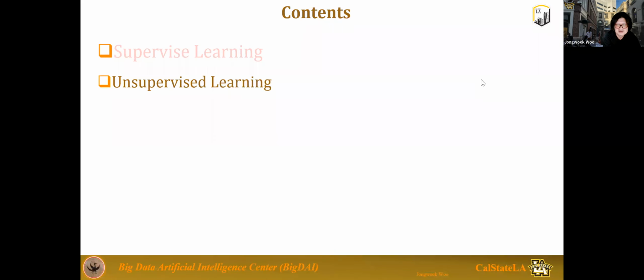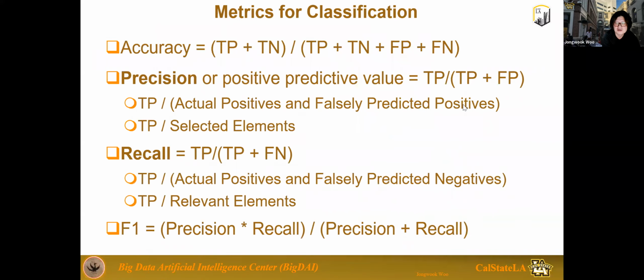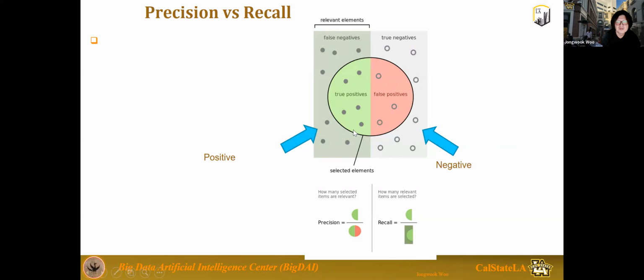It means that in your entire data set with the predicted and actual values using the model that you built, there are actual positive values and actual negative values.